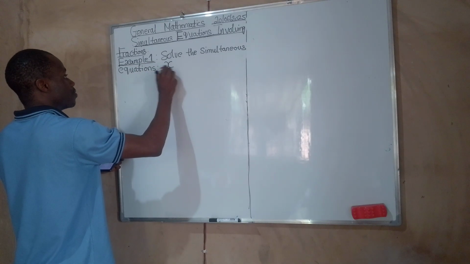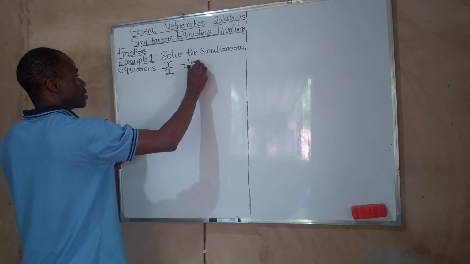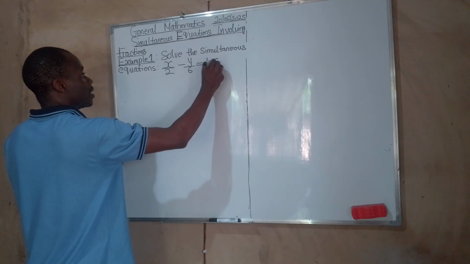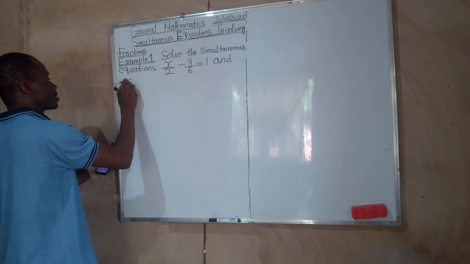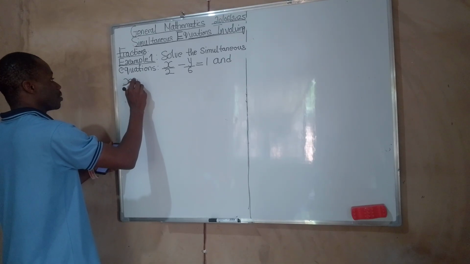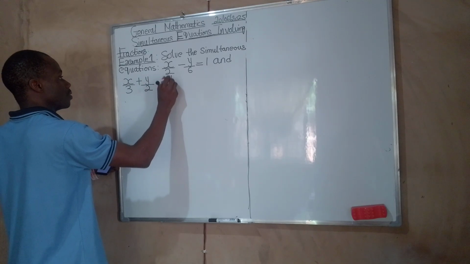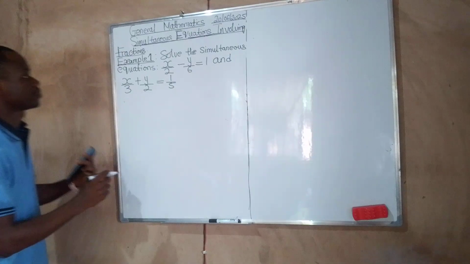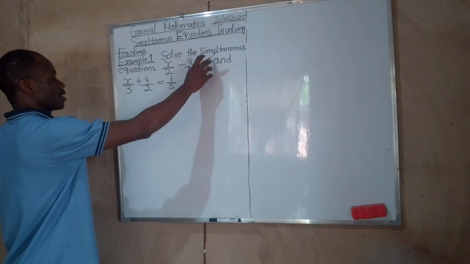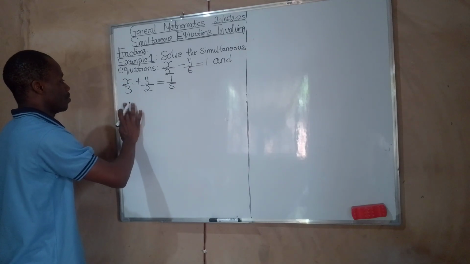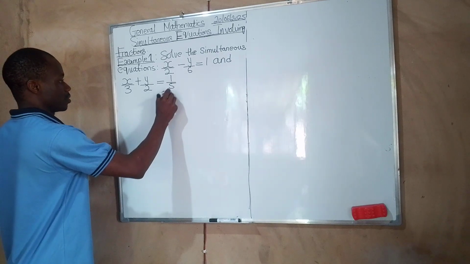We have x over 2 minus y over 6 equal to 1, and x over 3 plus y over 2 equal to 1 over 5. So solve the simultaneous equations: x over 2 minus y over 6 equals 1, and x over 3 plus y over 2 equals 1 over 5. Now, solution.